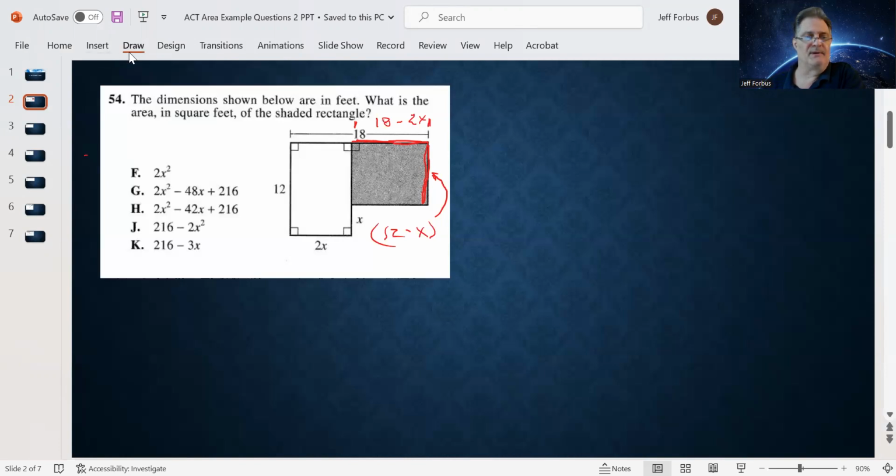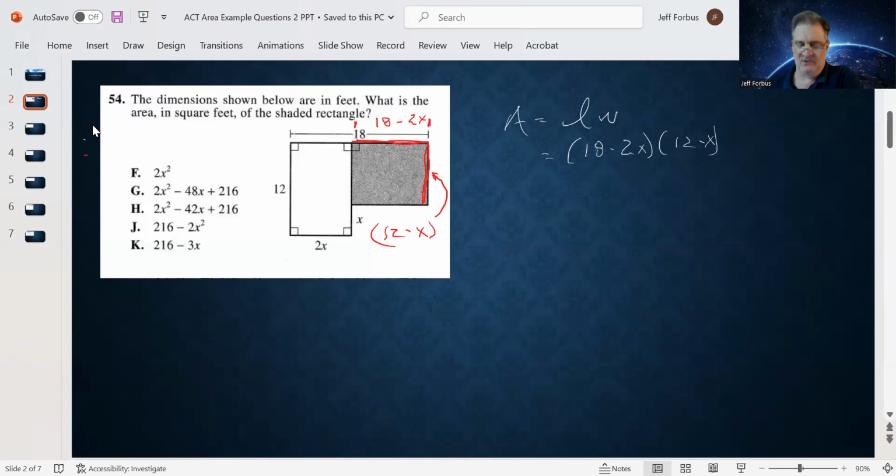Let me change my pen tip color. So you know the formula for the area of a rectangle is area is equal to length times width. And in this case, we would say 18 minus 2x times 12 minus x. Okay, cool. Now, all we got to do is multiply those two together, right?